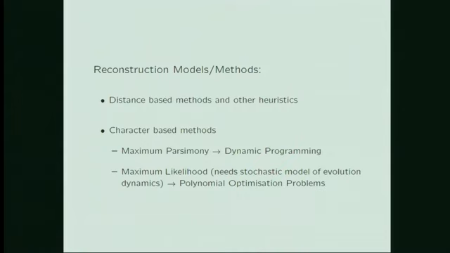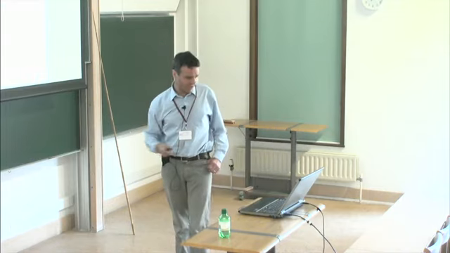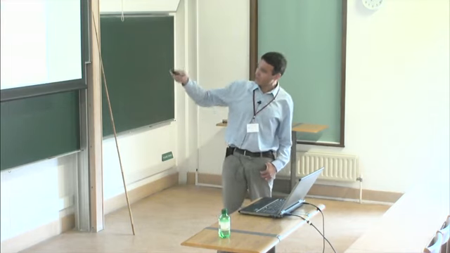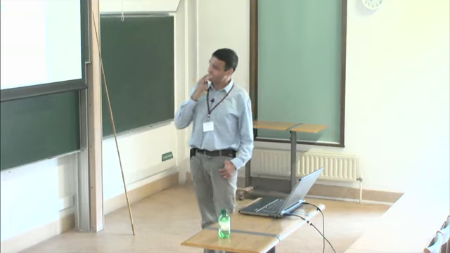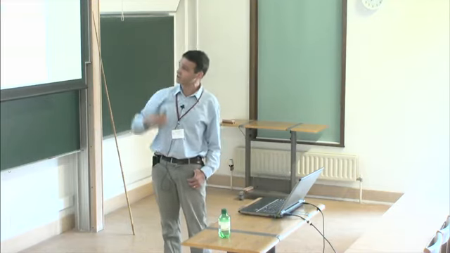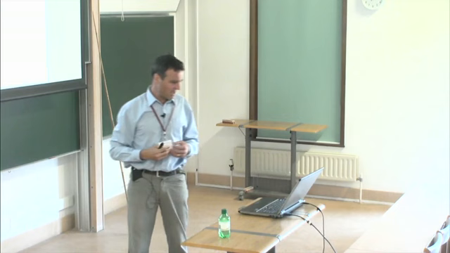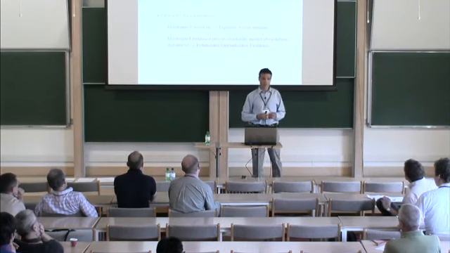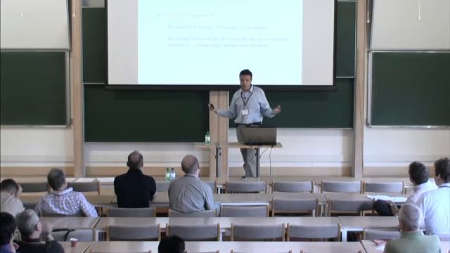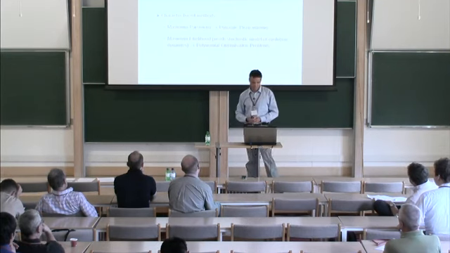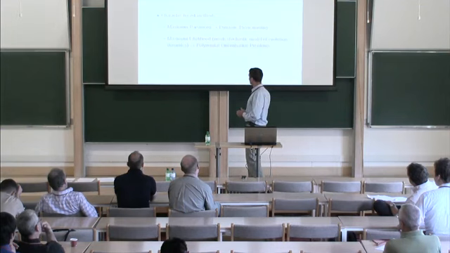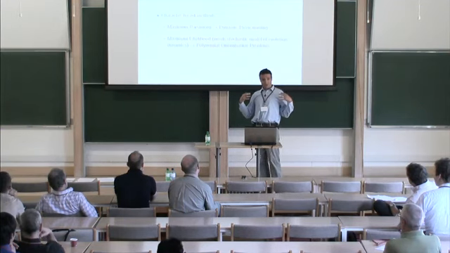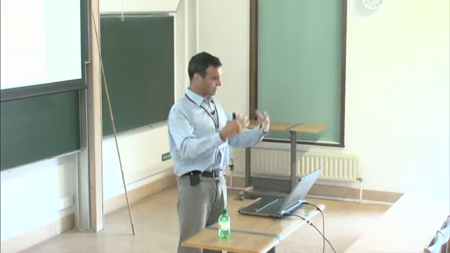So there are distance-based methods and there are character-based methods, and I will tell you in the next slide what a character is. And here there are essentially two approaches. The maximum parsimony method leads to a very simple mathematical problem that can be solved in linear time via dynamic programming. So you get answers very quickly. But it's not based on any kind of stochastic model of evolution.